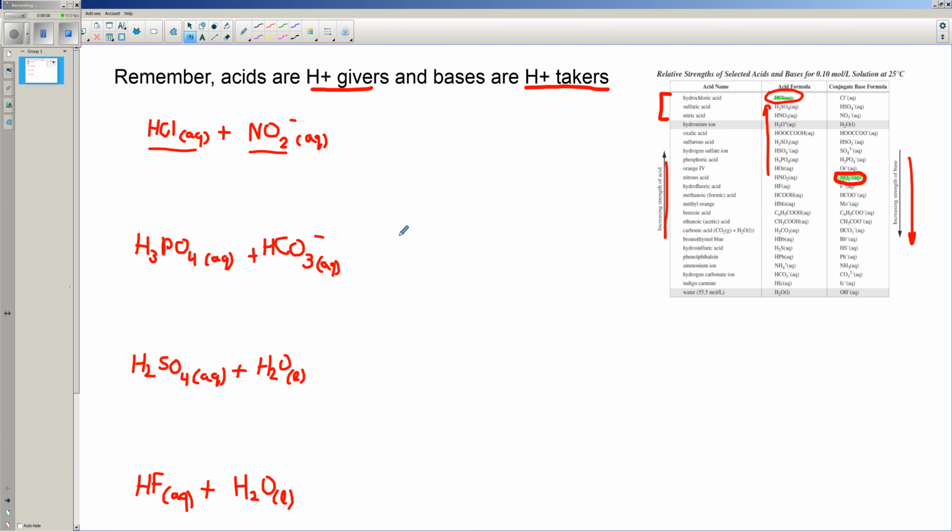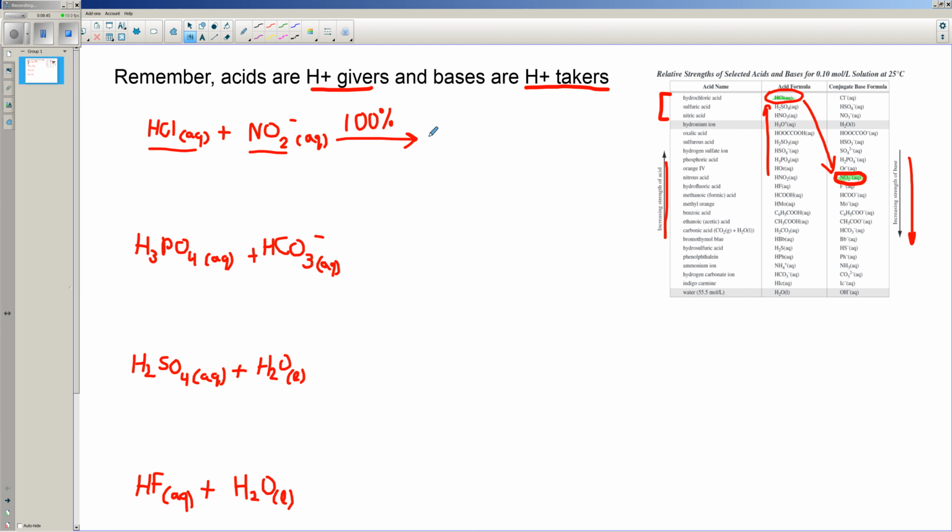Now, the easiest way to read this chart is to go from left to right. And if you're going downhill as you go from left to right, that means that this reaction is very vigorous and it's going to happen with 100% completion. That means that every single molecule of HCl is going to donate its H plus to the NO2 minus.